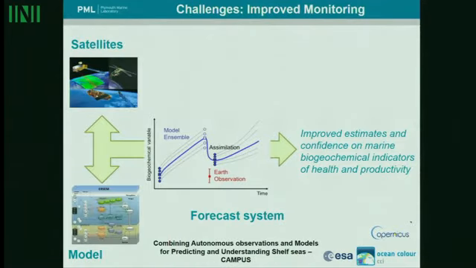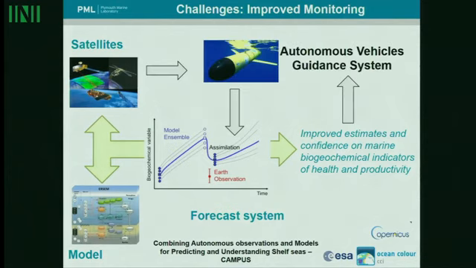I was thinking, from a marine perspective, about some of the challenges we might want to consider in terms of understanding landscapes. I start with improved monitoring, partly because compared with a lot of your terrestrial landscapes, the marine coastal waters are very much undersampled.